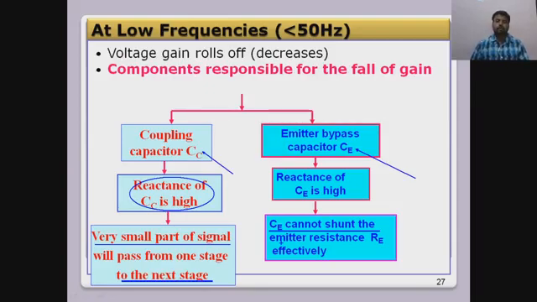Because of that, the gain of the first stage and second stage also decreases. So these two capacitors, the coupling capacitor and the emitter bypass capacitor, offer very high reactance to the AC signal at low frequency. Now the gain is decreased at the low frequencies.